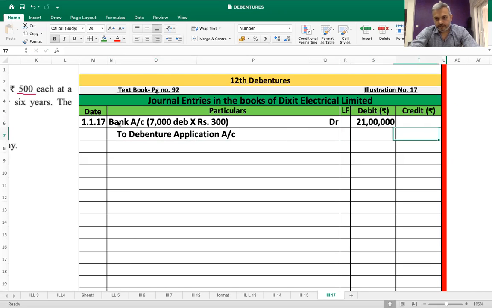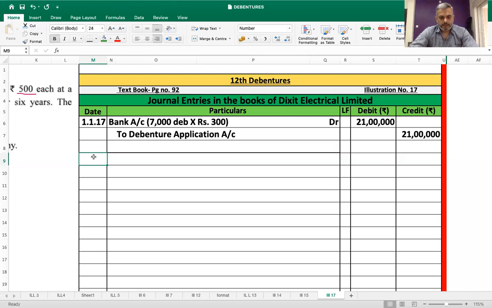That's it, because we are calling application and allotment separately. Next, everything will be on the same date. Application amount what we have received, and again we transfer it to our liability account.